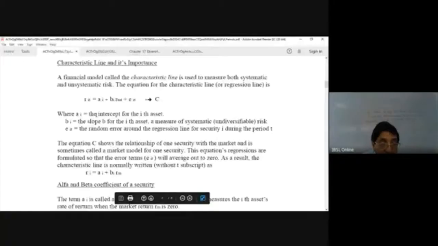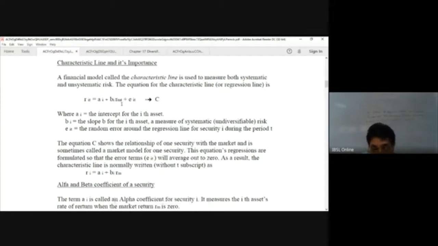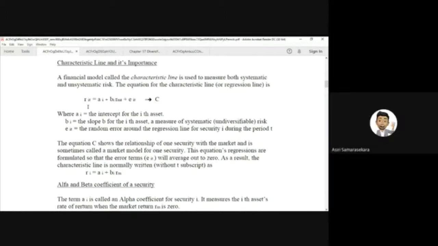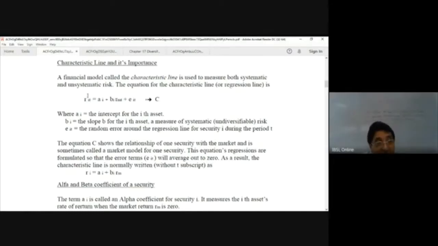Now, of course, they talk about this market return. This market return can vary day by day, right? Since it varies, we can take it as a variable. In the same manner, individual stocks' returns also can vary. So that is also a variable. The return of the stock is one variable, and at the same time, the return of the market is also a variable.